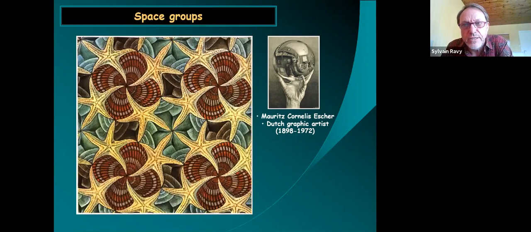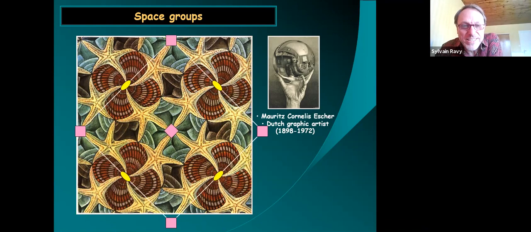And he actually drew a lot of tessellations, nice tessellations like that one. So here you have seashells. You can recognize here a sea star. This I don't know in English, maybe scallop, something like that. And this is a green sea snail and a black sea snail.